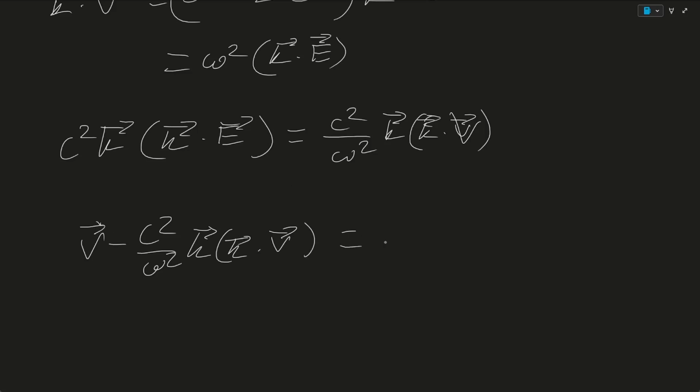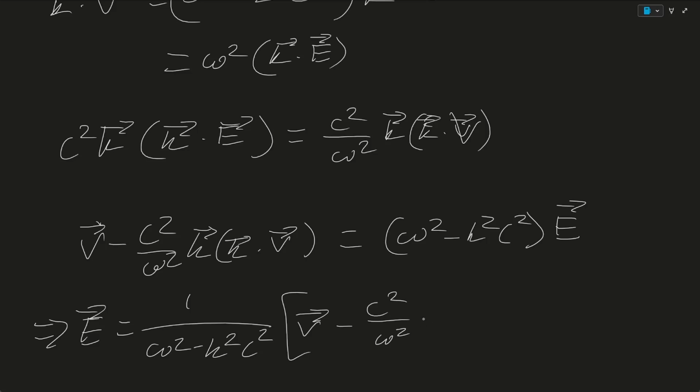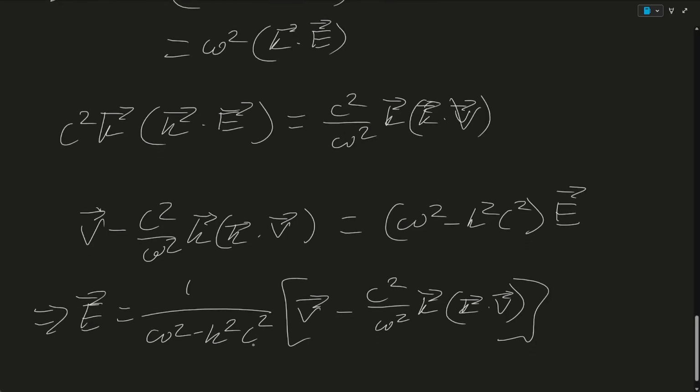Is equal to omega squared minus k squared c squared e. So therefore e is equal to 1 over omega squared minus k squared c squared. That minus isn't where I want it. C squared v minus c squared over omega squared k v. Nice.